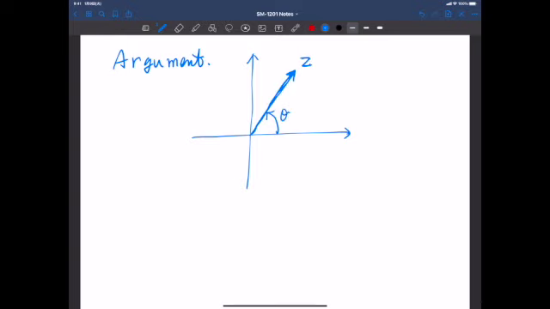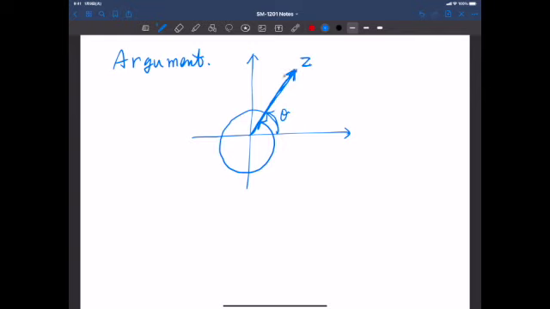So this theta, this angle, is called the argument. But strictly speaking, this is not just one angle, but a set of angles, because this angle and this angle plus 2 pi give you the same position in this plane.